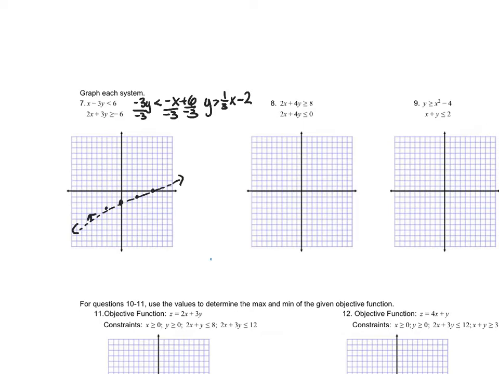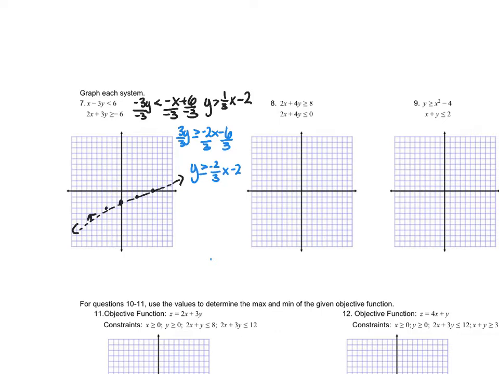So the 2x minus 3y is greater than or equal to 6. We're going to minus 2x. So we get negative 3y is greater than or equal to negative 2x plus 6. We divide everything by negative 3. We get y is less than or equal to 2 over 3x minus 2. So we start at negative 2.